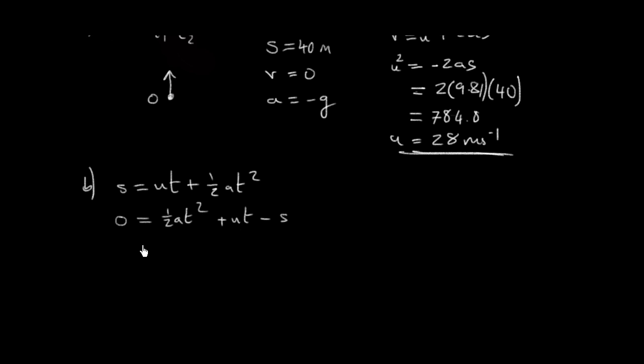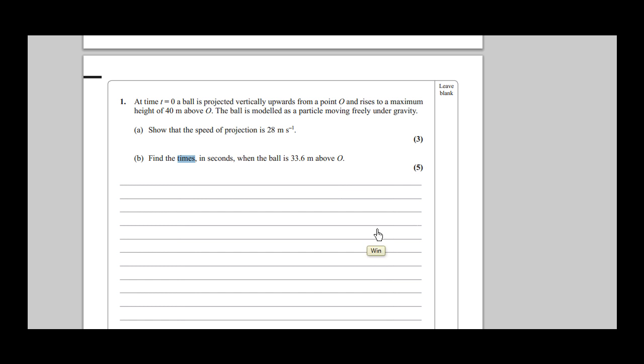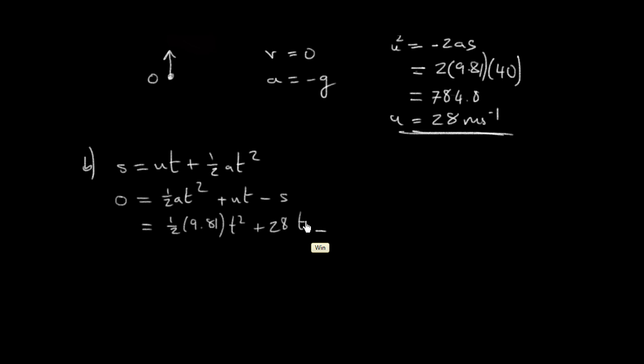So what are these values? Well, half a is just half times 9.81 times the t squared, plus u, which we just found out before was 28, times t, minus s, and s is what was it? 33.6 meters.